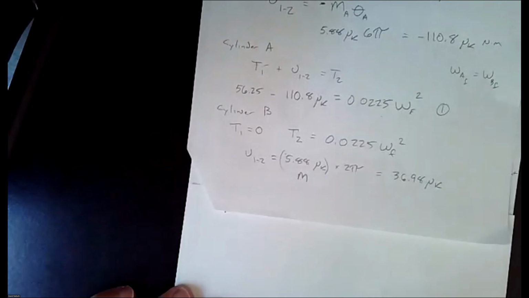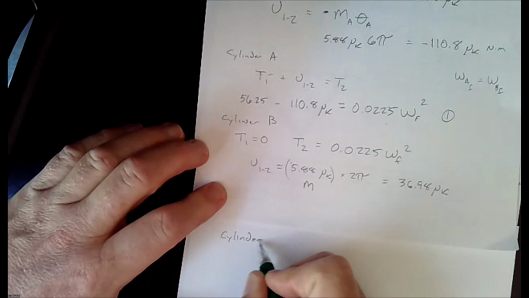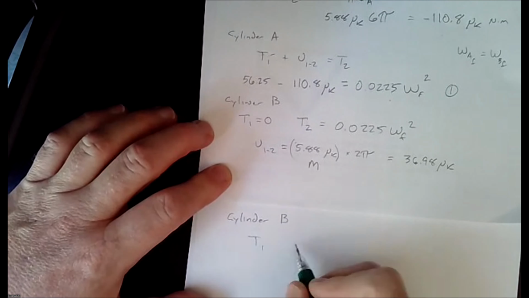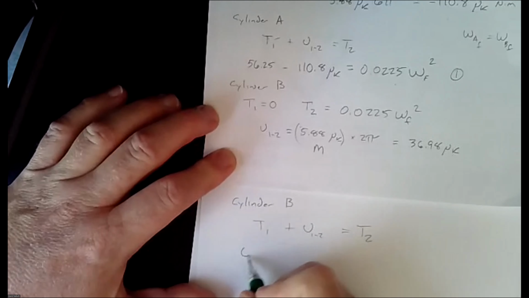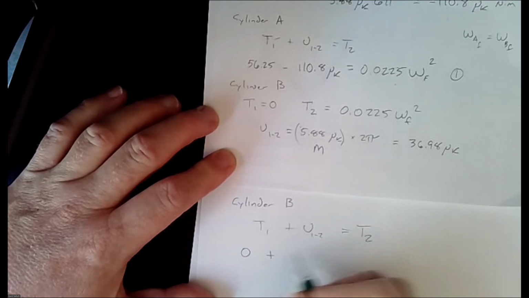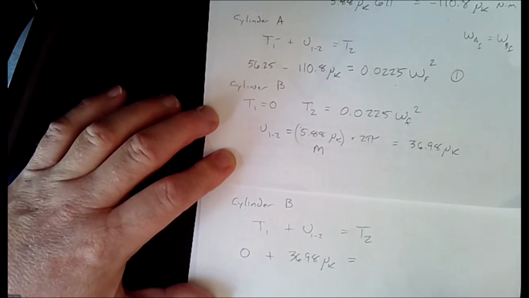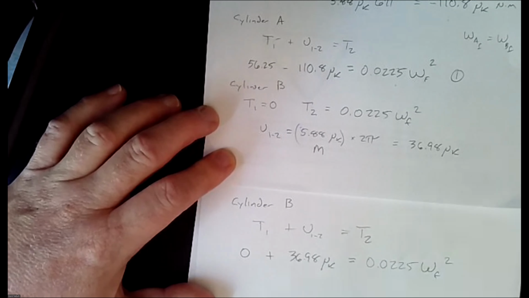And I can set up for cylinder B. I have my T1 plus U1 to 2 equals T2. Now I have 0, and then that's going to be plus 36.98 mu k, and that all equals 0.0225 omega final squared.